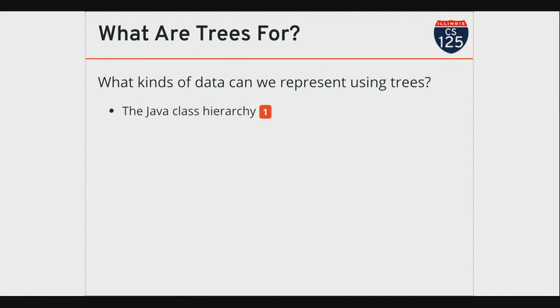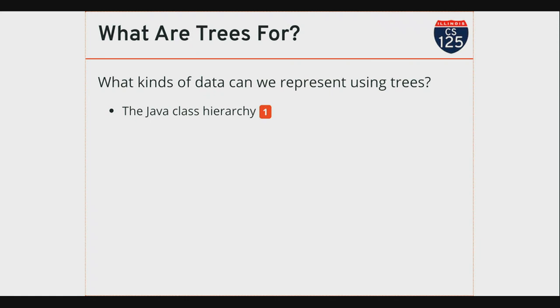Like I hinted at before, the Java class hierarchy represents a tree. Why? Every object in Java has one parent. If I don't extend something explicitly, I get capital Object. If I do, I get whatever I extended. That determines where that class attaches to the tree.